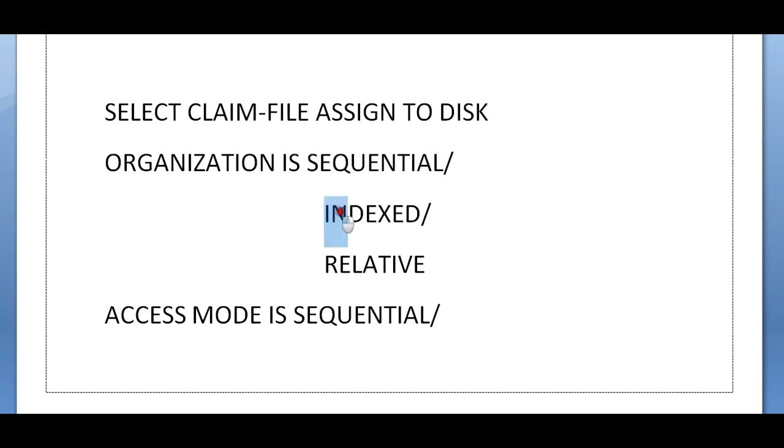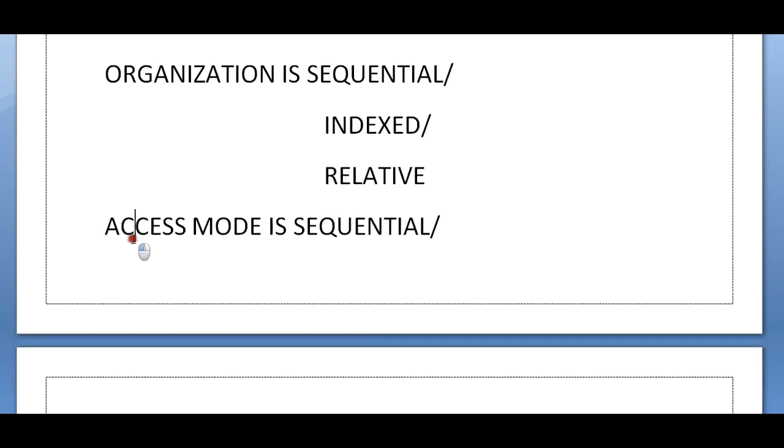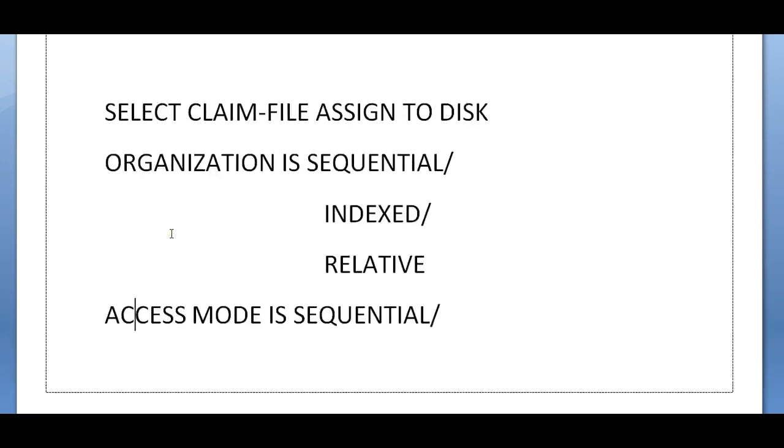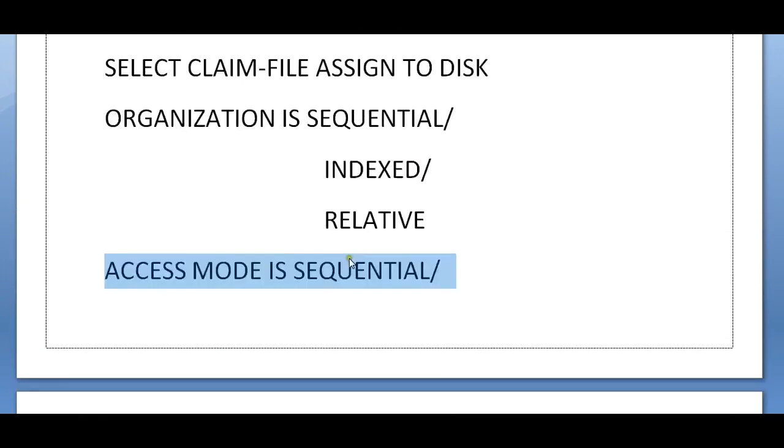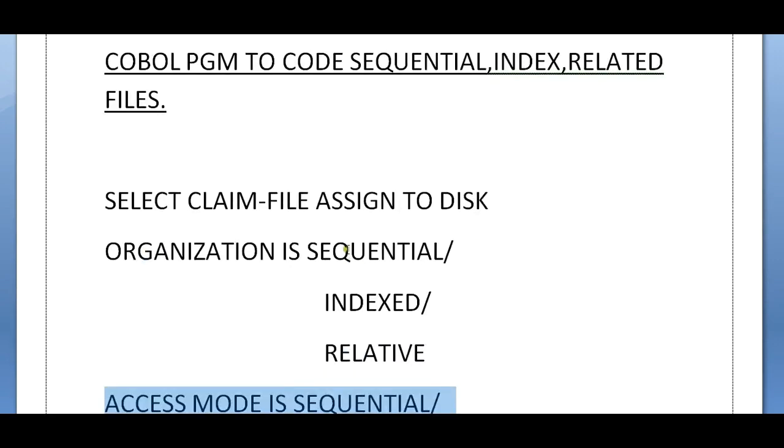If it is indexed, you need to use indexed. If it is relative, then you need to use relative. The same goes for access mode, how you are going to access it: sequential, indexed or relative mode. This is the point you need to mention while declaring a file in the input-output section.